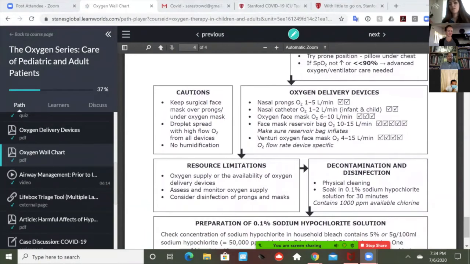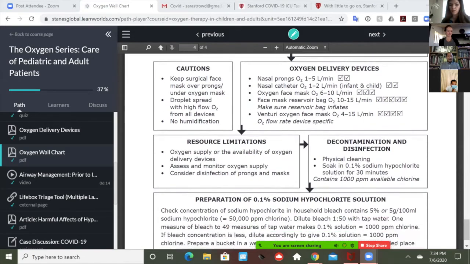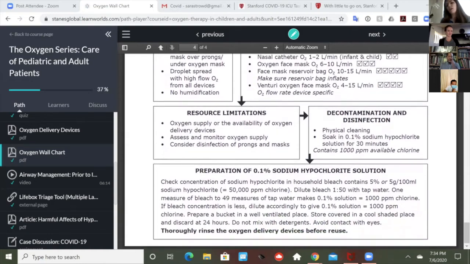So again, this just reviews the oxygen delivery devices that we were asked about. And this also goes through how you can decontaminate and disinfect. That includes physical cleaning, and this is the preparation of the 0.1% sodium hypochlorite solution.